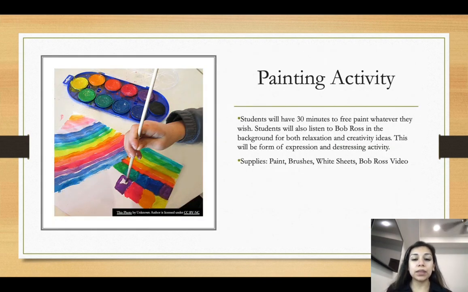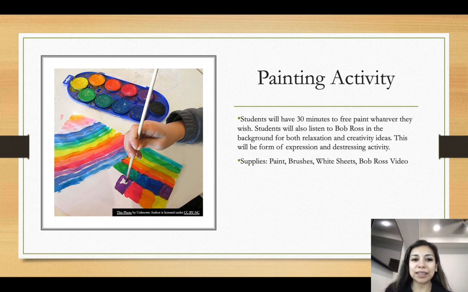Within this painting activity, it is 30 minutes long, and the students are free to paint whatever they wish. Something that I added here was that they'll be listening to Bob Ross as they're painting. Bob Ross is really relaxing. His voice can be really relaxing to students.